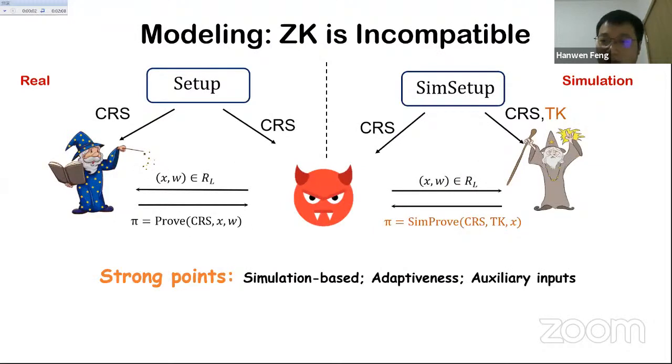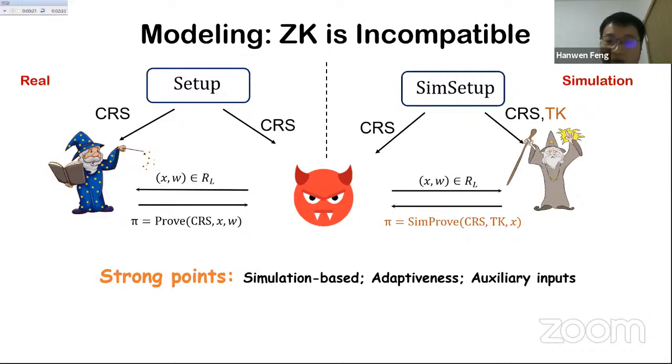The most challenging part is to find the best possible privacy. The standard ZeroKnowledge is a simulation-based definition in which the adversary can adaptively specify the statement and witness after seeing the CRS, and thus she knows any auxiliary information about the statement. These are strong points, making NIZK really useful and powerful.